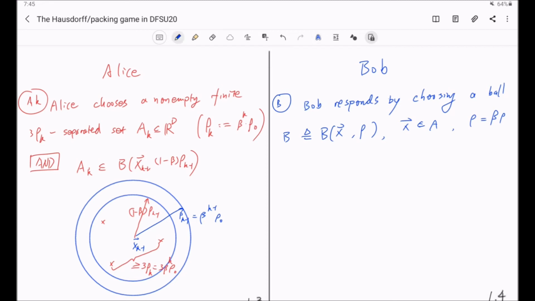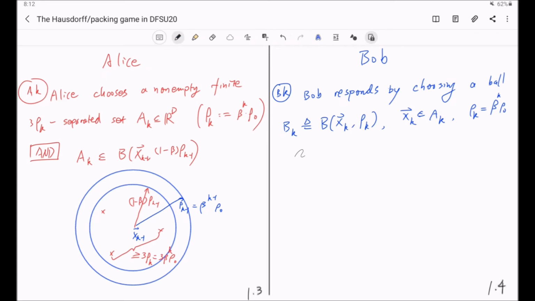And Bob will respond to this by choosing a ball in the kth round, denoted B sub k, which is centered at x sub k with radius rho k, where x sub k is in A k, Alice's choice, and the radius rho k is beta raised to the power k times rho naught.